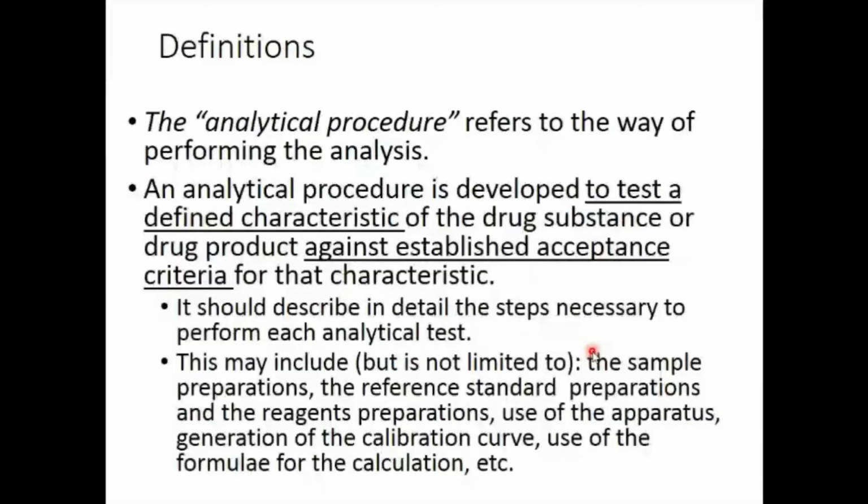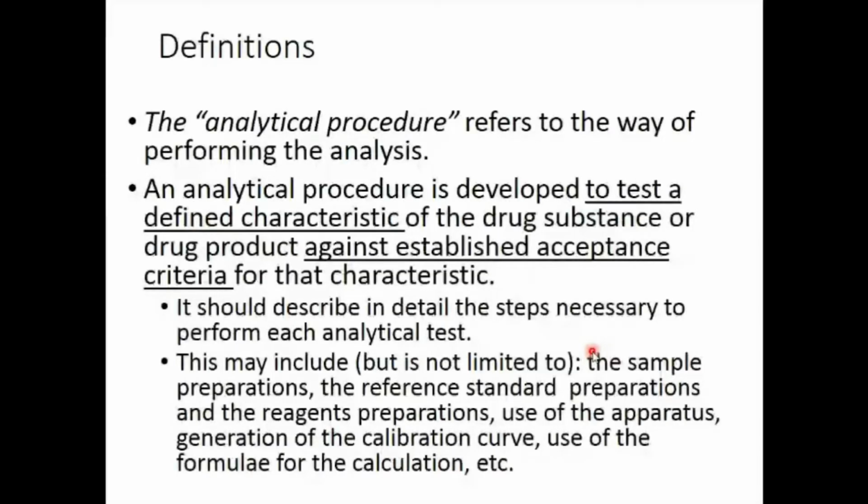The percent content ideally should be 100%, but if you remember the standards we have studied, there is always a window, like, say, 95% to 105%, or 92.7% to 107.5%, something like that. A window is there. So this window of percentage is the acceptance criteria.